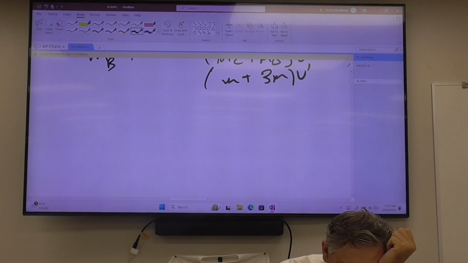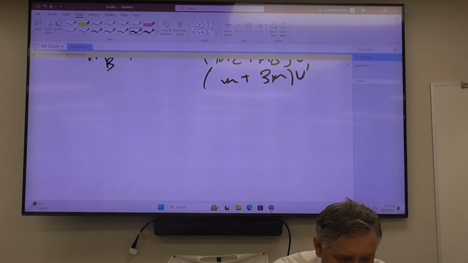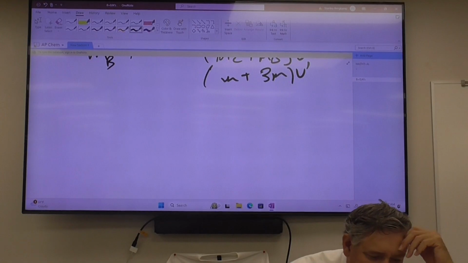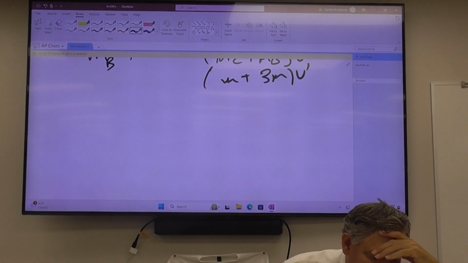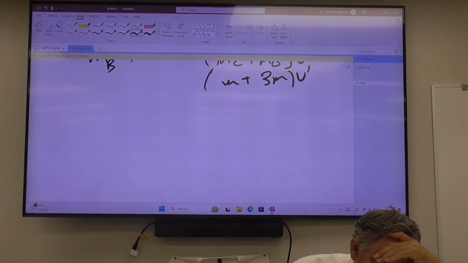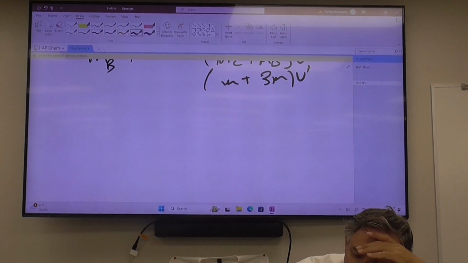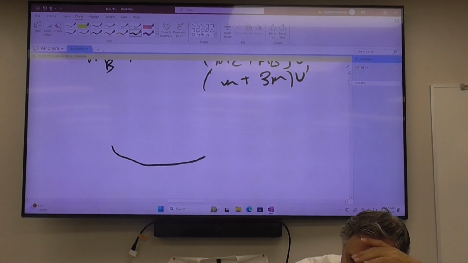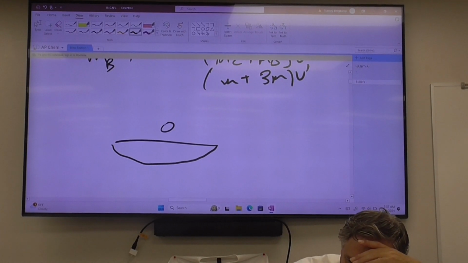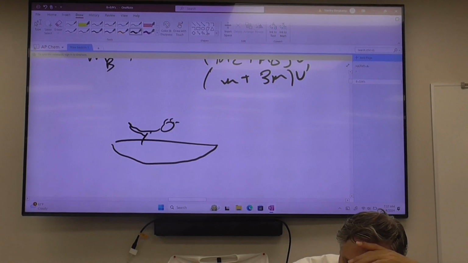Okay, so on problem 20, here's the story. The dog takes a nap, wakes up, and the canoe has drifted out. So here's the canoe, and here's Lassie.